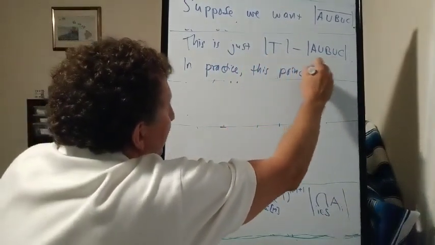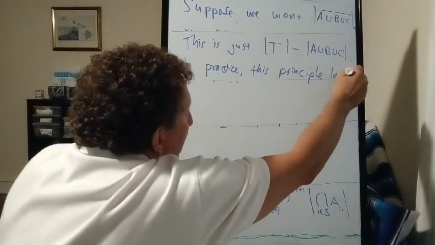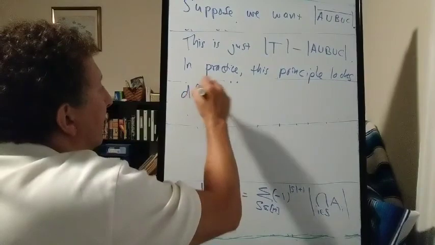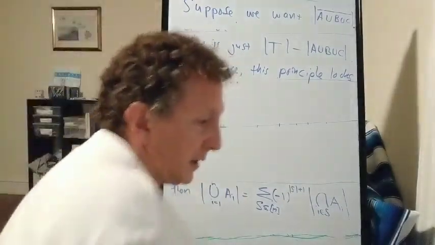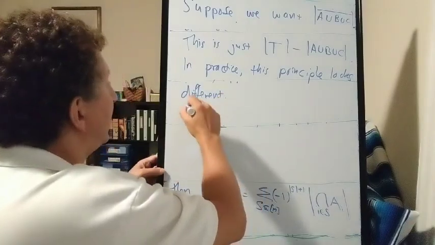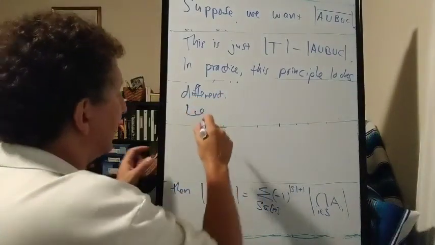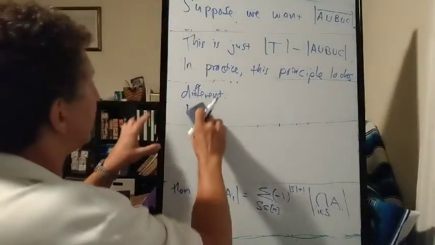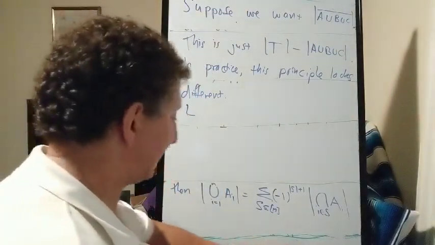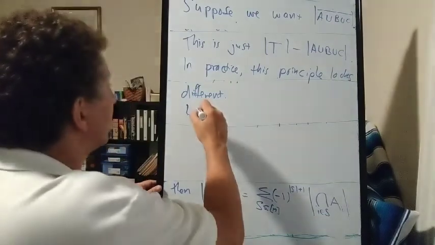So in practice, this principle looks different. It looks something like this: let's let 1 through n be a list of n flaws.